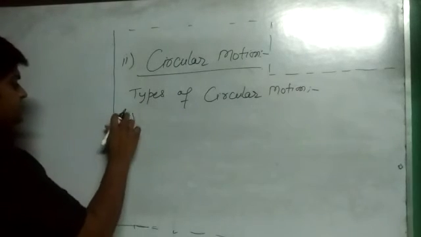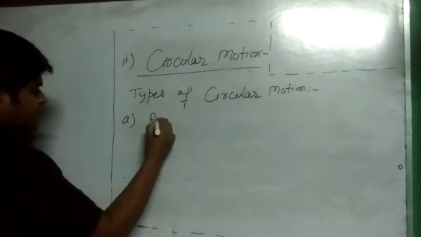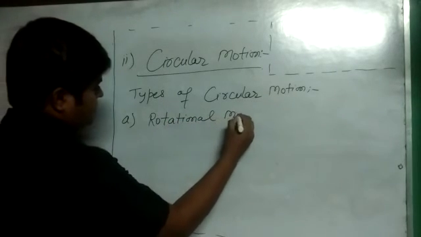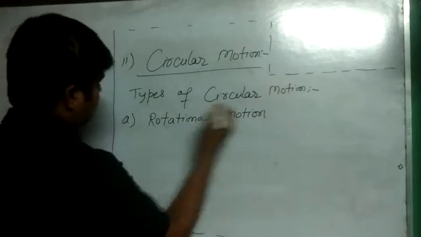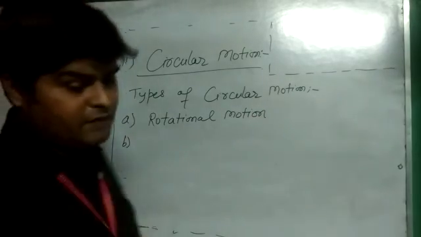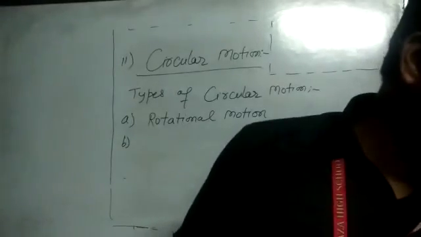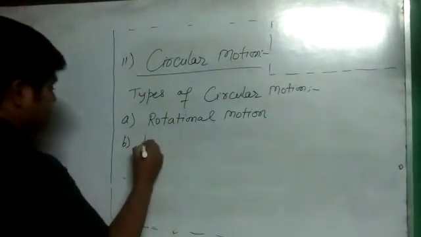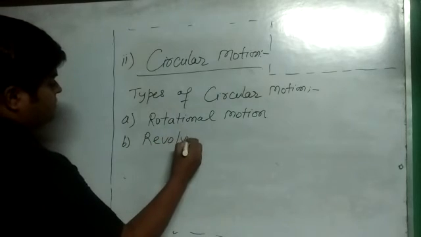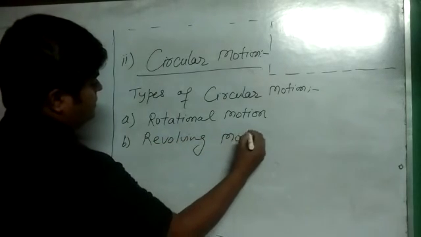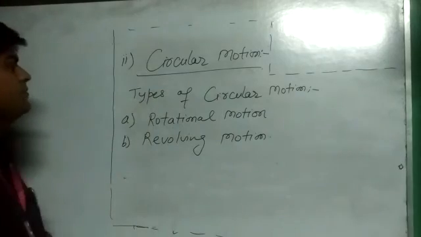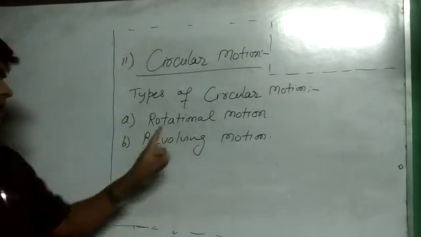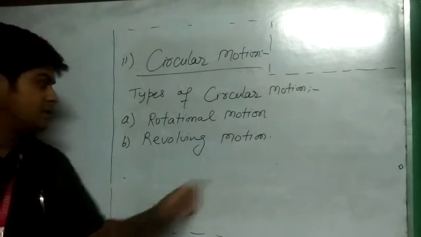First is rotational motion, whereas second is revolving motion. That means there are two types of circular motion: rotational motion and revolving motion.